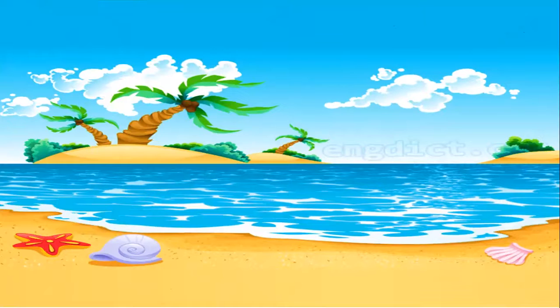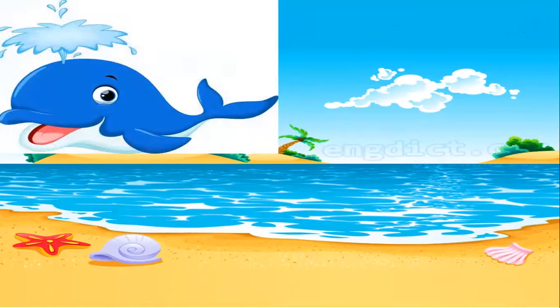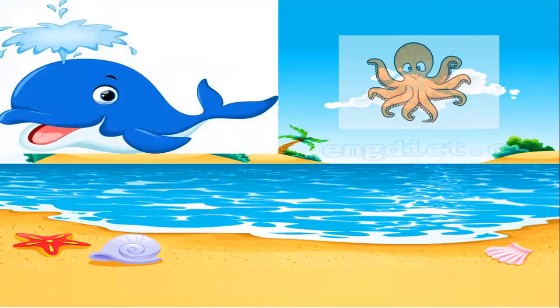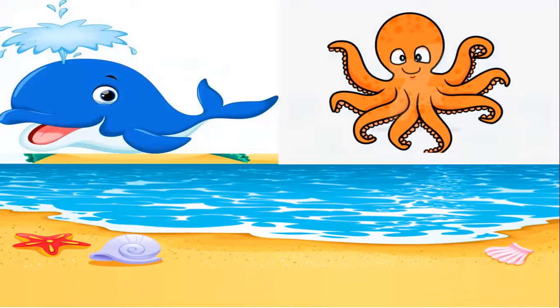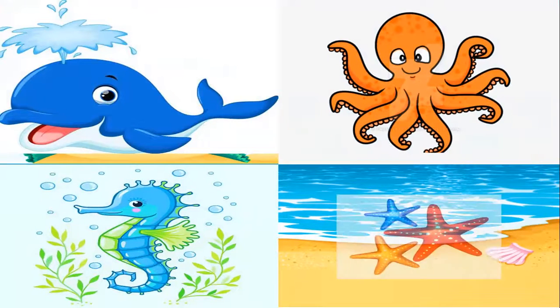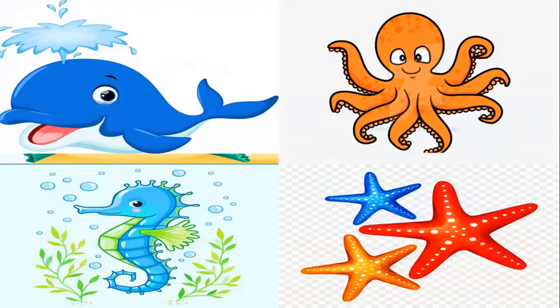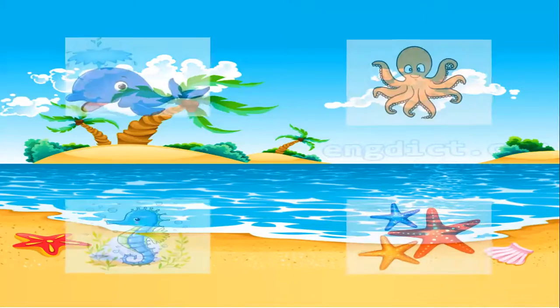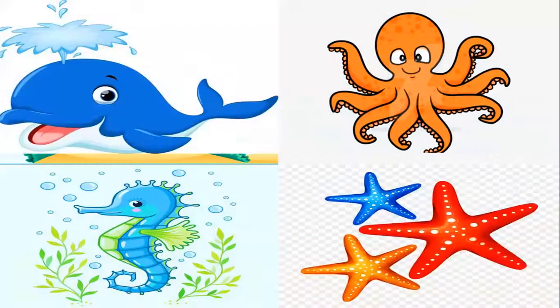Okay, so what are those examples of animals who can live in the sea? We have the whale, octopus, the seahorse, and also the starfish. So these are examples of living things who can live in the sea.